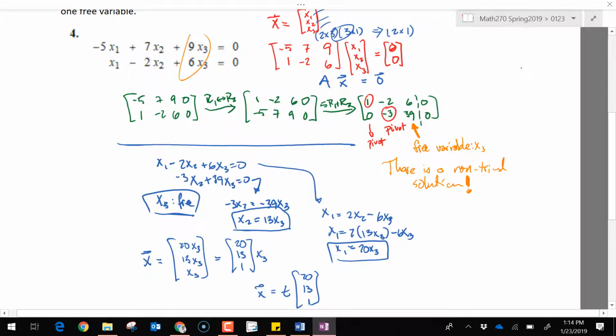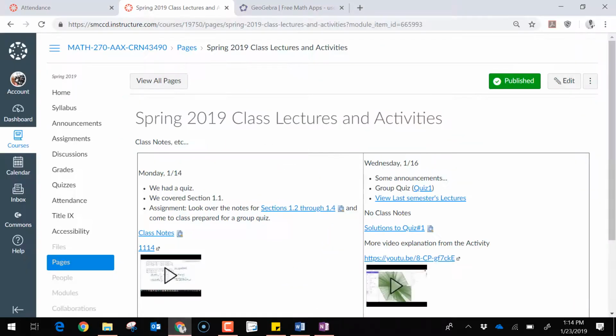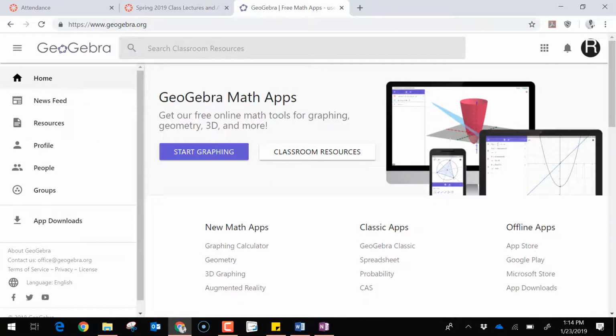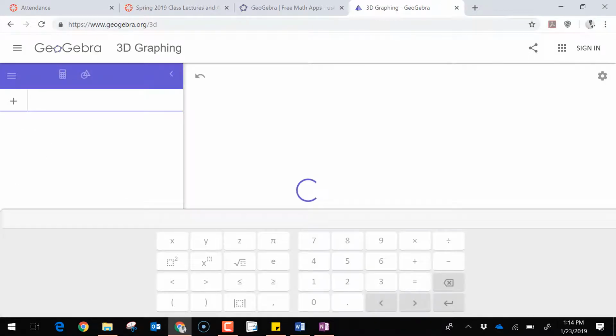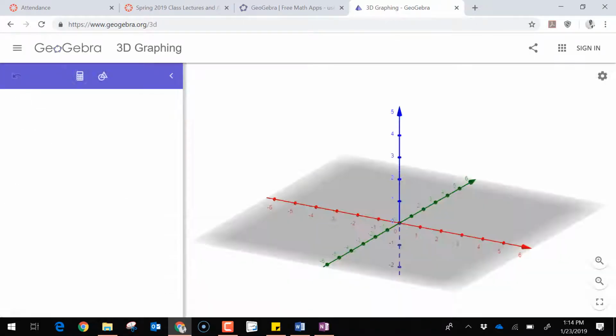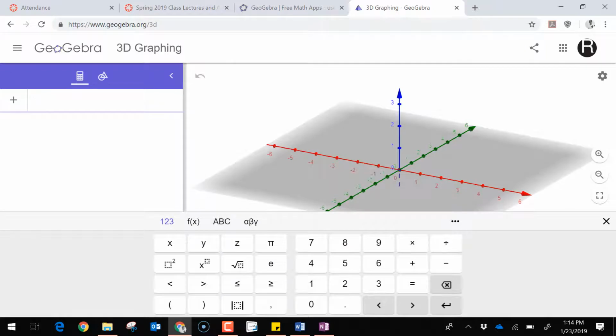So let's do that. For this, I used to use a program I really like a lot, but for the sake of you being able to see this, if you want to try this at home, GeoGebra is free. You can even sign in and save it. All right, equations.